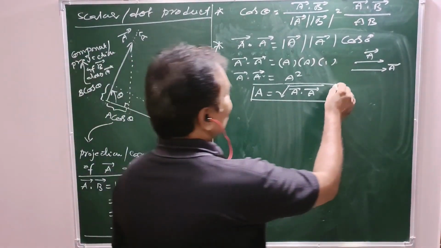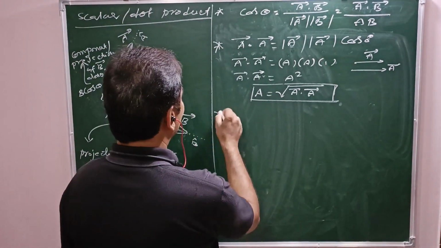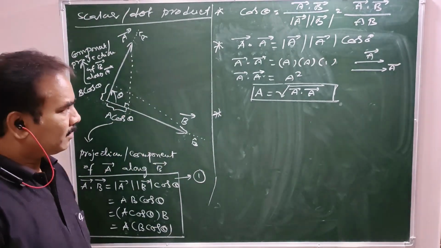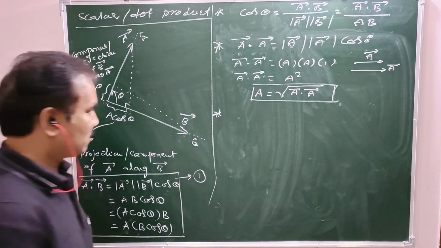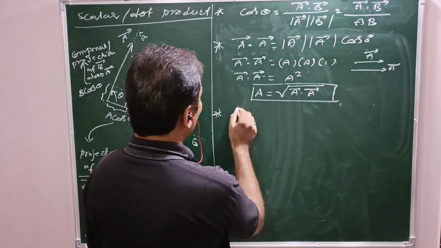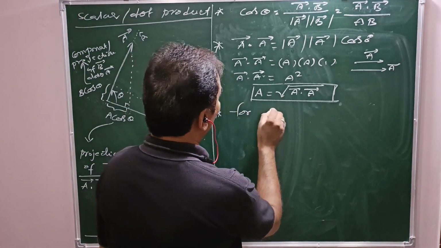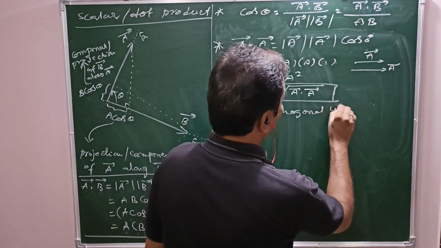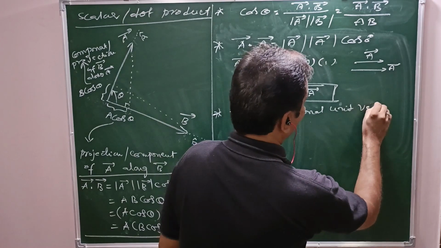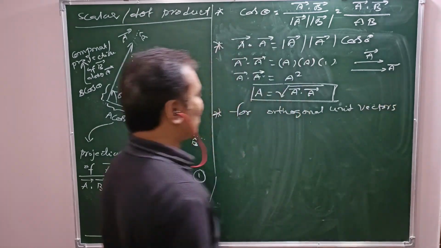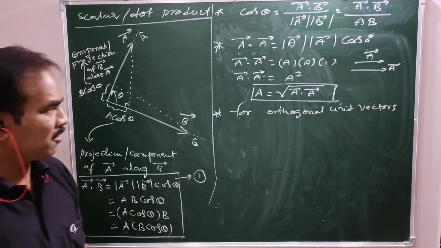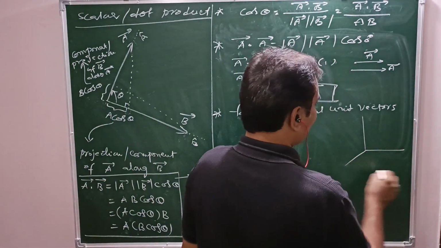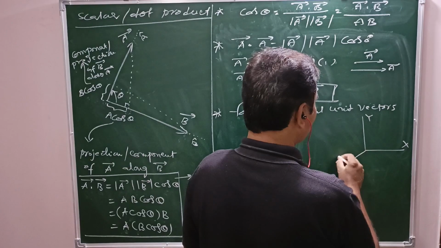Right? Now let us see. Dot product of orthogonal vectors. Orthogonal unit vectors. For orthogonal unit vectors, in case of orthogonal unit vectors, see x-axis, y-axis, z-axis.